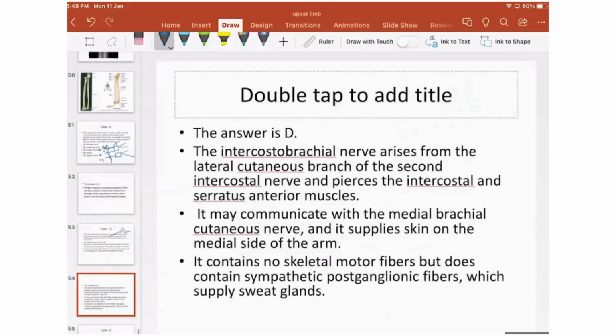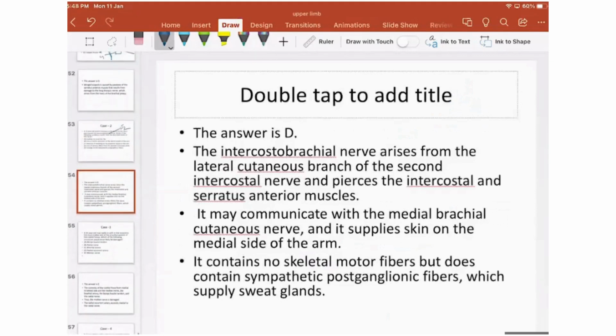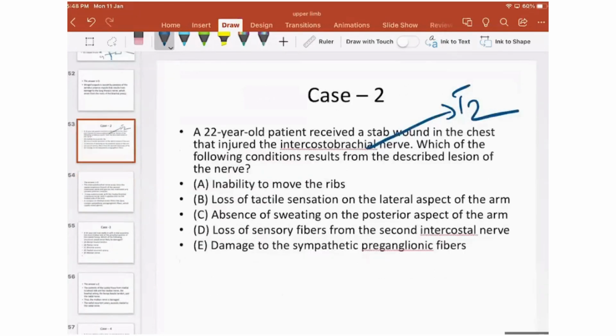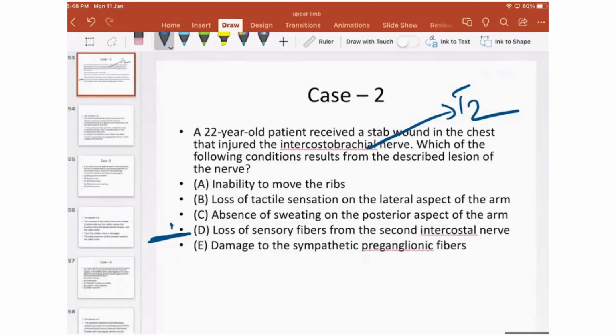The answer is D. T2 is the second intercostal space. That nerve supplies the intercostal space as well as the medial part of the arm. So you get communication between the upper limb and thorax. That is the intercostobrachial nerve, which is the reason the question is asked. It connects both the thorax and the arm, so it is the intercostobrachial nerve.